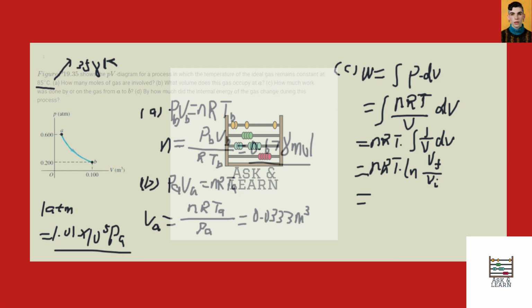So we can calculate this result directly. Let me use the calculator and see how it is. n is 0.678 times 8.314 times the temperature, 358, times log of the final volume over the initial volume. The initial volume is 0.0333 and the final volume is 0.1, so it's basically log 3.